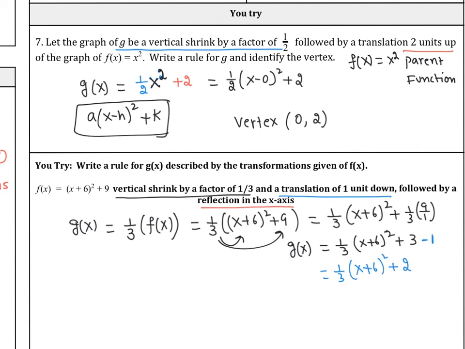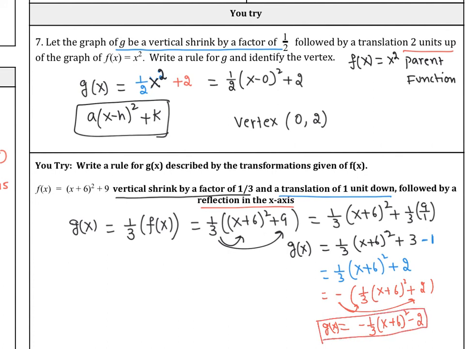The last step is a reflection over the x-axis, which means you multiply by negative 1 in the front, outside, and distribute it inside. So your final function is negative 1 over 3 times x plus 6 squared minus 2.